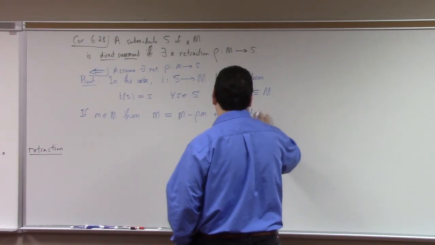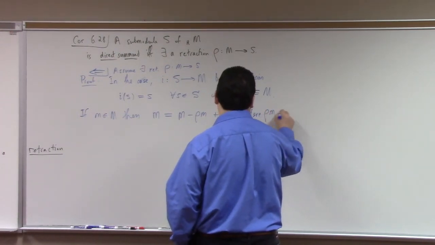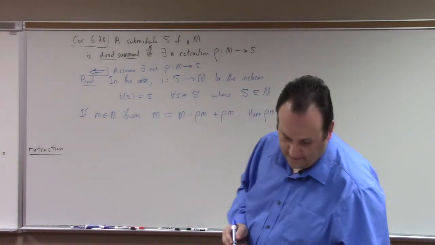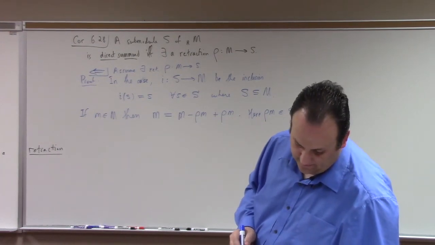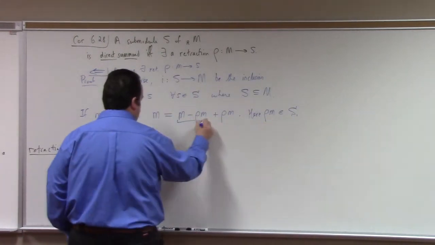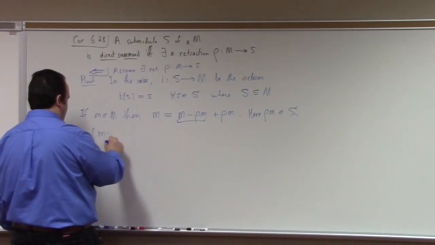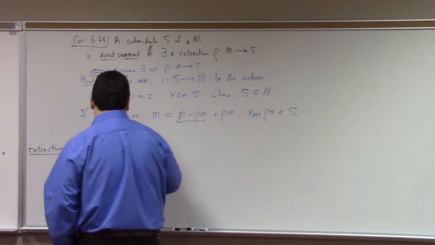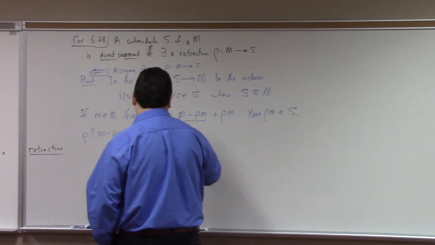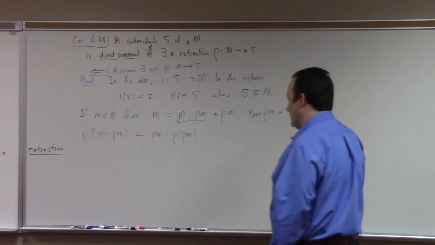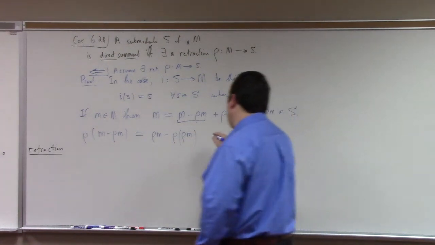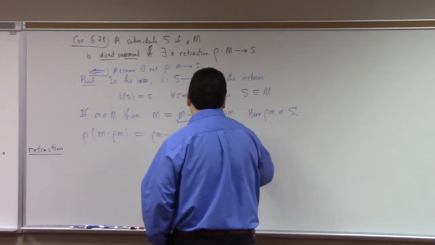By construction, rho m is in S. And how about m minus rho m? What can we say about that? If we look at rho of m minus rho m, what do we get? Rho of rho m is just rho m, because rho m is in S, and the retraction fixes elements of S. So this is rho m minus rho m, which is 0.